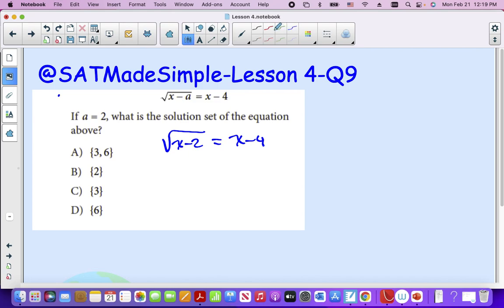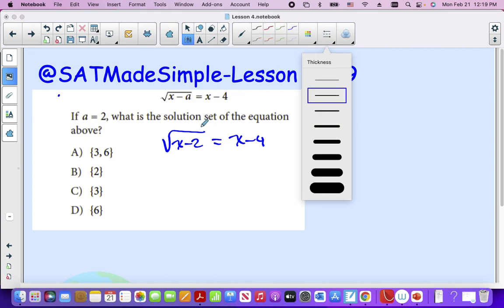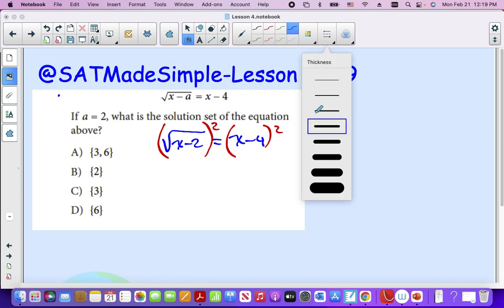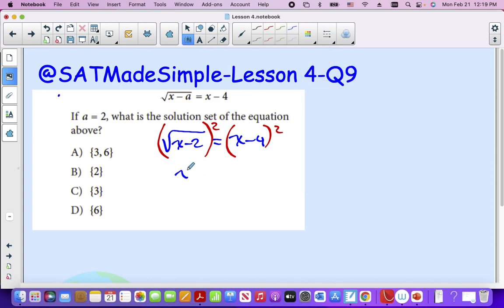To get rid of the radical sign, I square both sides. The square and the square root cancel each other, so there'll be x minus 2 equals a perfect square trinomial. I can expand that to be x squared minus 8x plus 16.